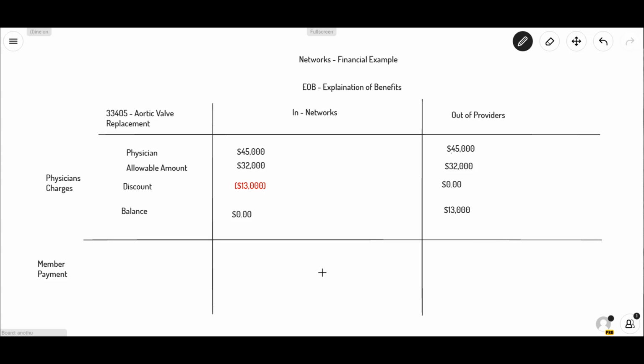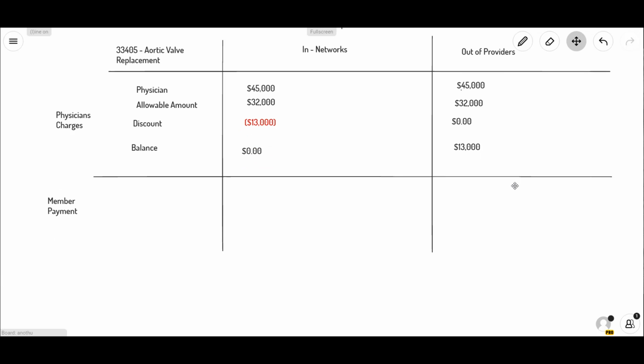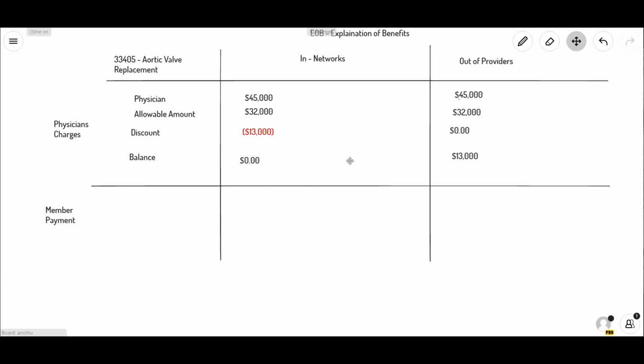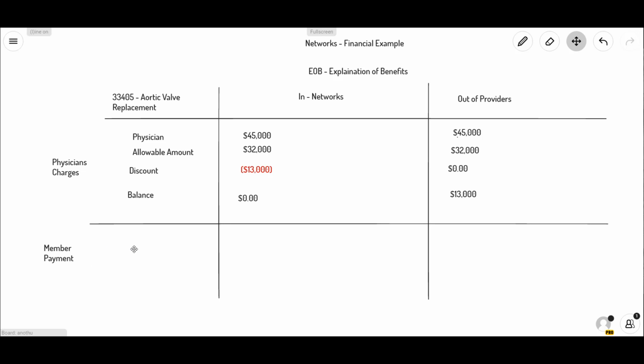So what does that actually mean? We come now to the member payment portion of the benefit, and we say, okay, how does it work? In the example we used, the member had a deductible of $500. So in the in-network example, the member pays $500 towards their deductible. And then they've got co-insurance.